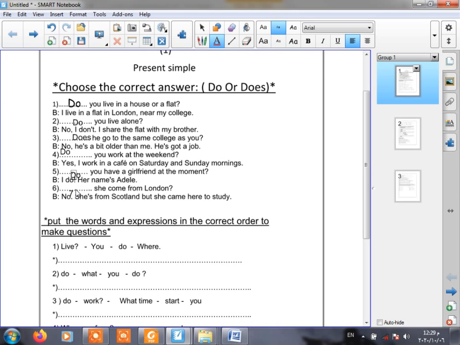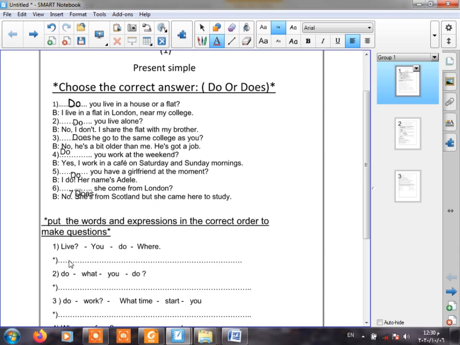He asked another question. She comes from London. It should be do or does. Does, very good. So does she come from London? He said no. She comes from Scotland, but she came here to study.